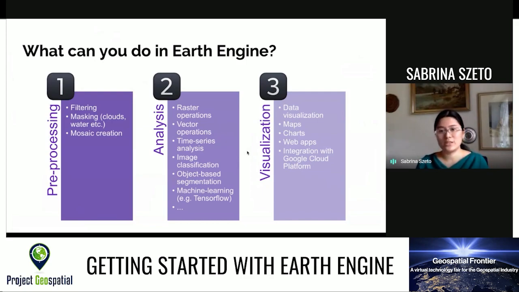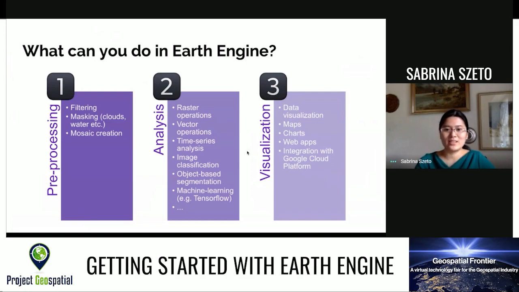You can also do time series analysis because you can, at a certain point or in a certain region, create a time series chart of changes in NDVI over time, perhaps. You can actually upload training data and do some kind of image classification. One example I've seen, someone used OpenStreetMap data to classify urban pixels in a location. There are also now more advanced algorithms such as object-based segmentation.